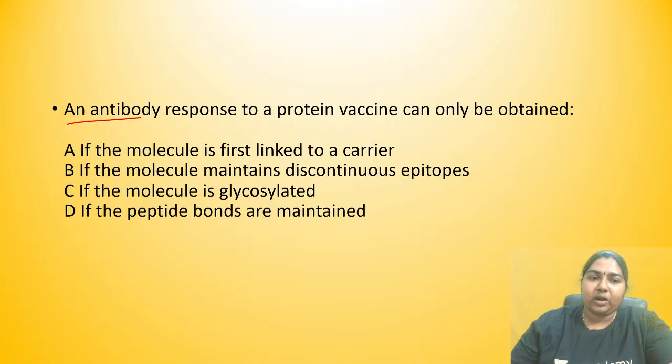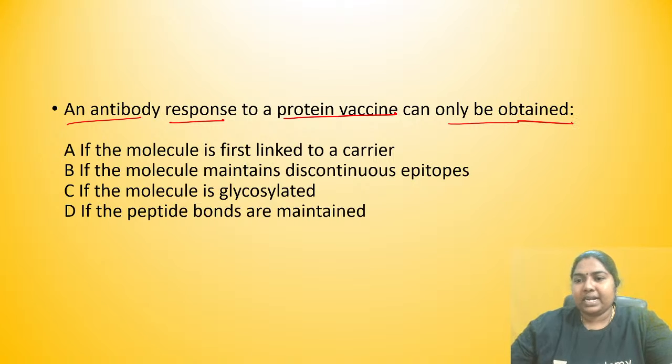An antibody response to a protein vaccine can only be obtained if the molecule is linked to a carrier, if the molecule maintains discontinuous epitopes, if the molecule is glycosylated, or only if the peptide bonds are maintained.